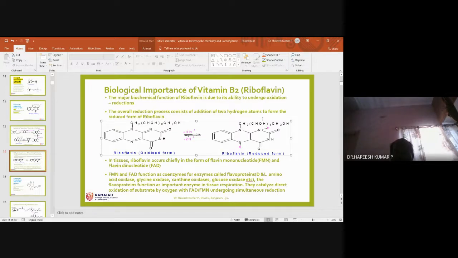So this is about the biological importance of vitamin B2. More particularly, riboflavin occurs as a coenzyme for the enzymes involved in the oxidation reduction system in the living system. For example, DL amino acid oxidase, glycine oxidase, xanthine oxidase, glucose oxidase.